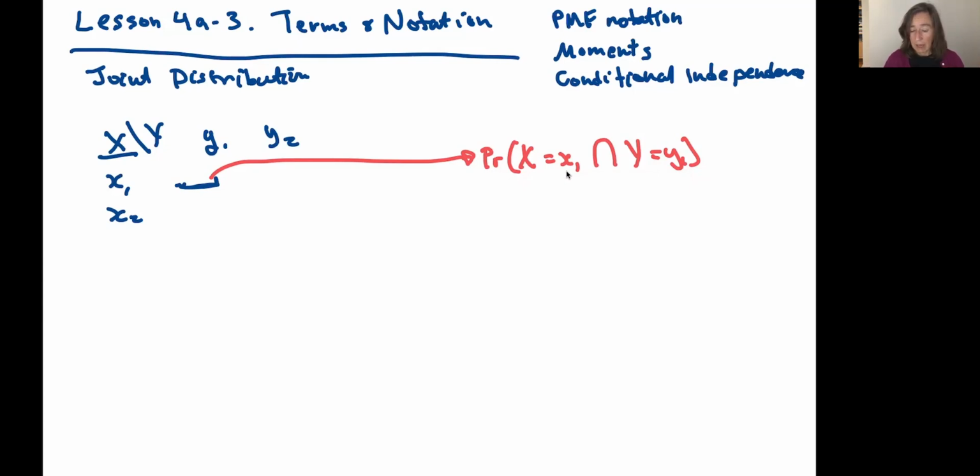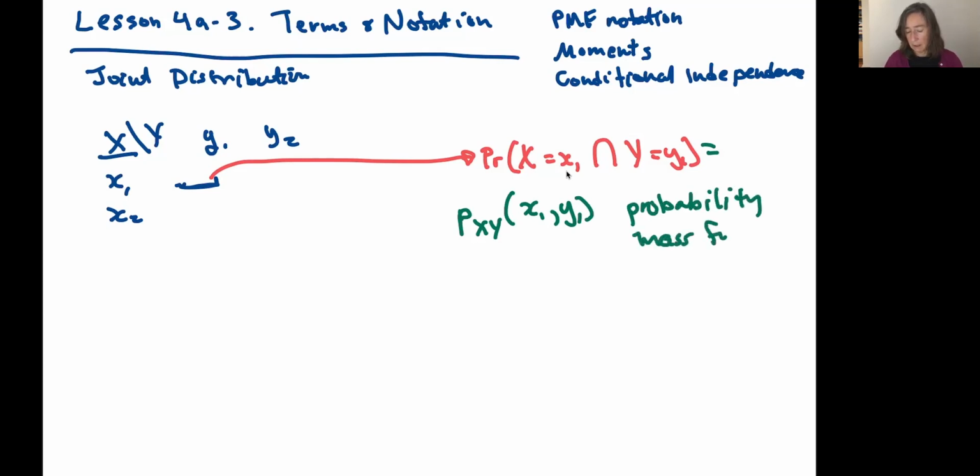And so we're just going to rewrite that as lowercase p, with uppercase XY in the subscript, and x1, y1. It means the same thing as that. This we would call the probability mass function.